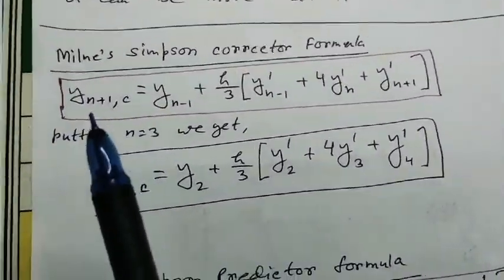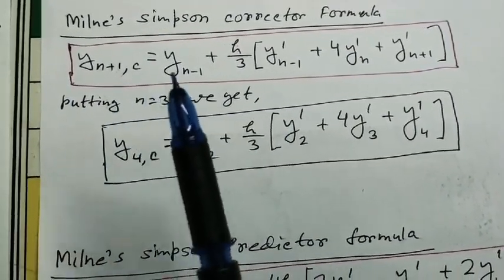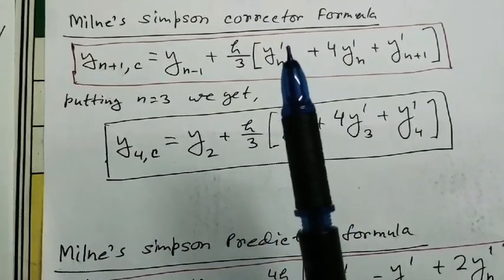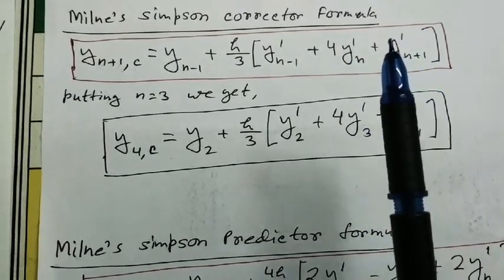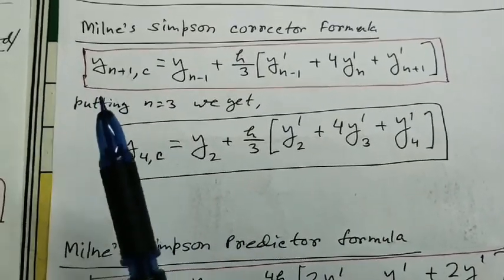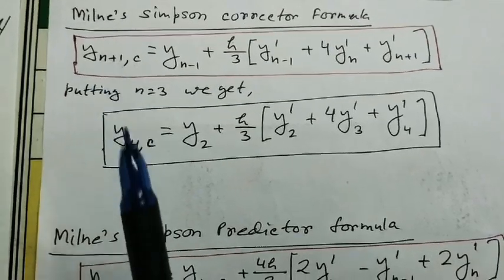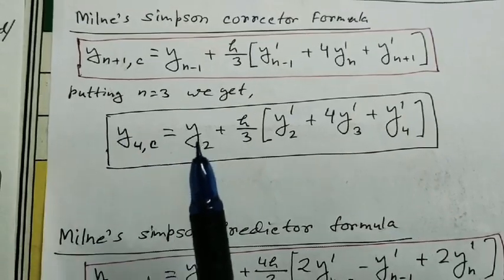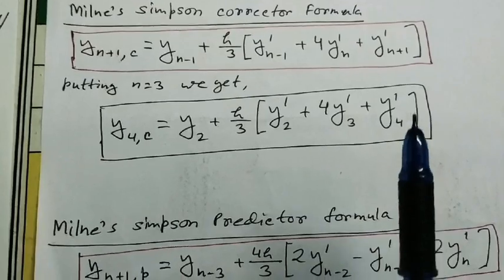Milne's Simpson corrector formula is yn plus 1 c equals yn minus 1 plus h by 3 into yn minus 1 dash plus 4yn dash plus yn plus 1 dash. Again putting n equals 3, as we are finding y4, 3 plus 1 is 4 and c is used for corrector. So y4c equals y2 plus h by 3 into y2 dash plus 4y3 dash plus y4 dash.